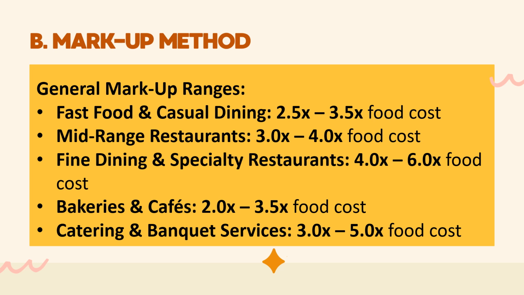For fine dining and specialty restaurant, 4 to 6 times the food cost. For bakeries and cafe, 2 to 3.5 times the food cost. And for catering and banquet services, 3 to 5 times the food cost.